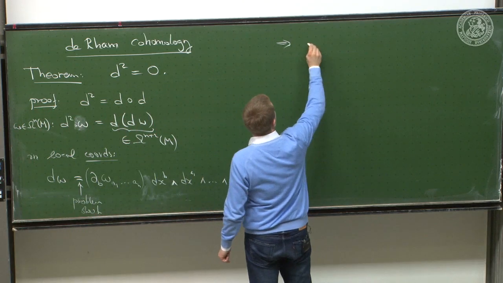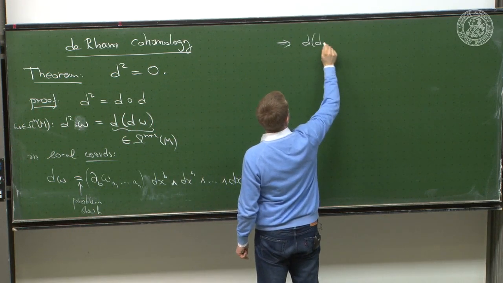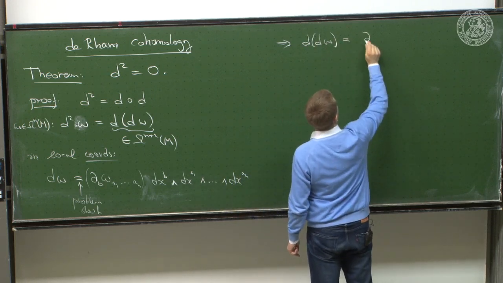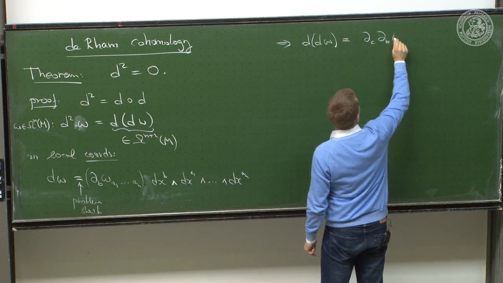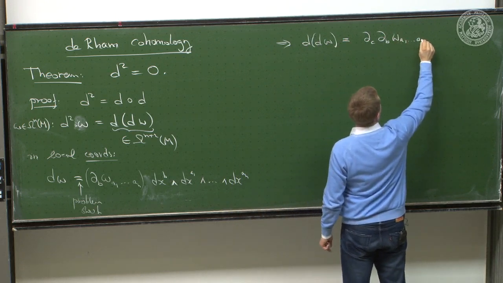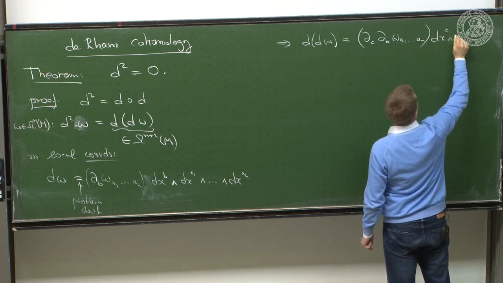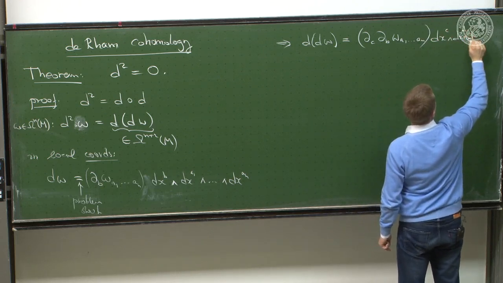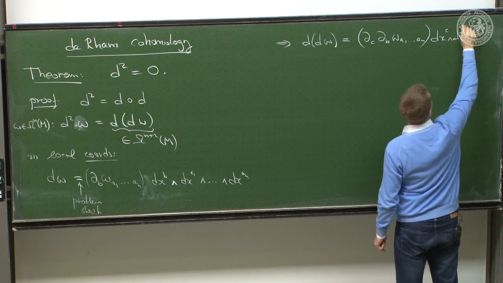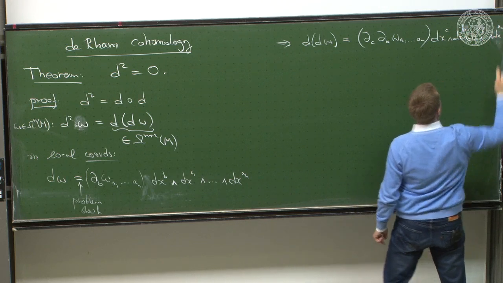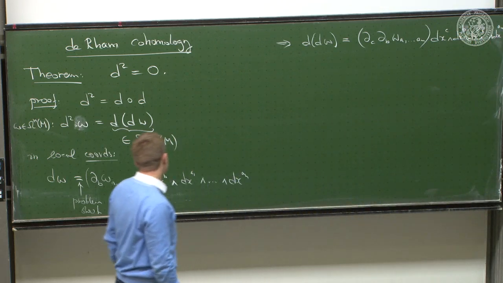But then it's immediate that the d of d omega must then be del c del b of omega a1 to an, and you have dxc wedge dxb wedge dxa1 wedge ... wedge dxan, and that looks all right.